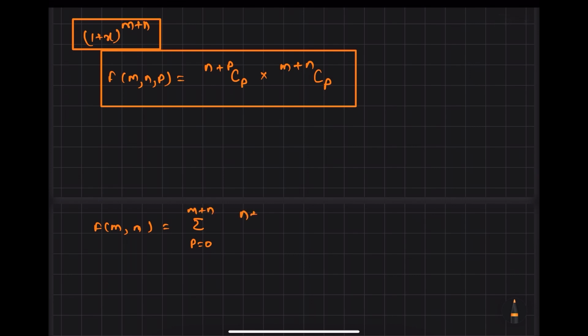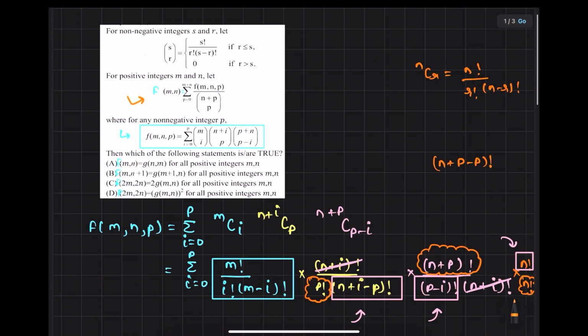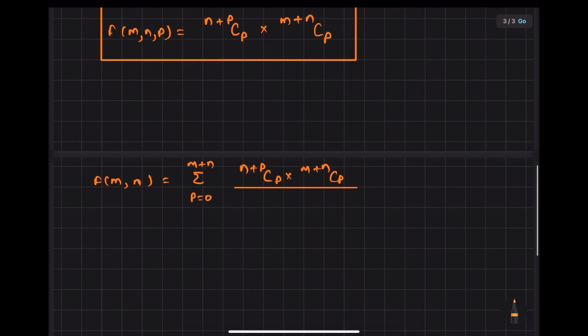So it is nCp times (m+n)Cp upon nCp, nCp. Now look at this. This thing and this thing is same.